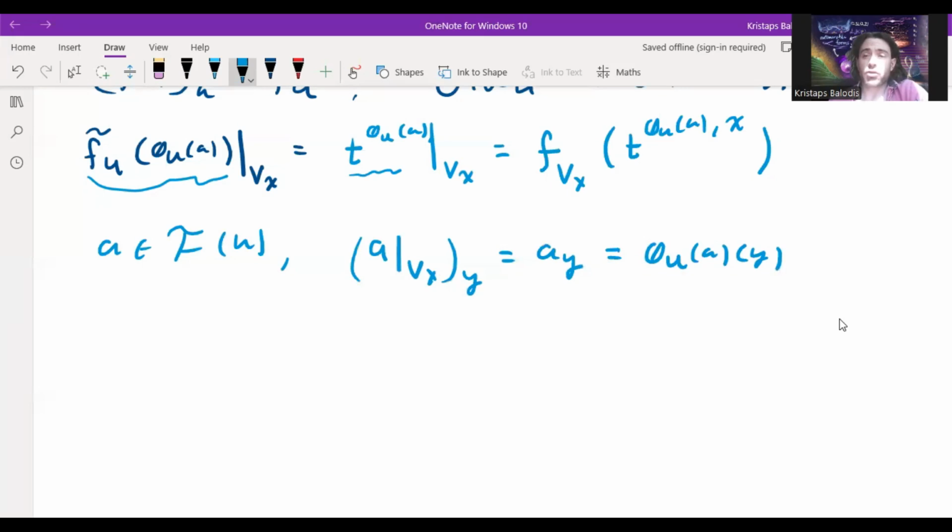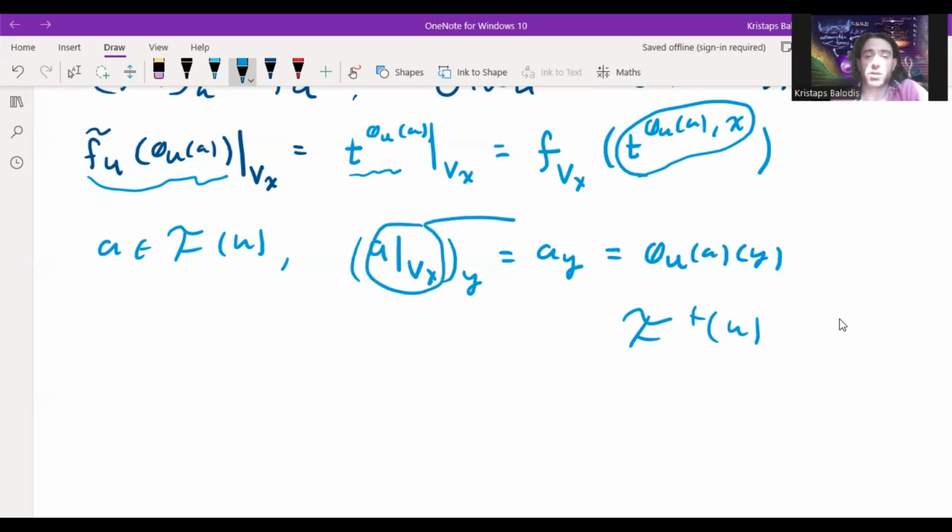So in other words, this satisfies the defining condition of f plus u. So in particular, when we chose these t with the superscripts, I could have chosen this to be that representative.